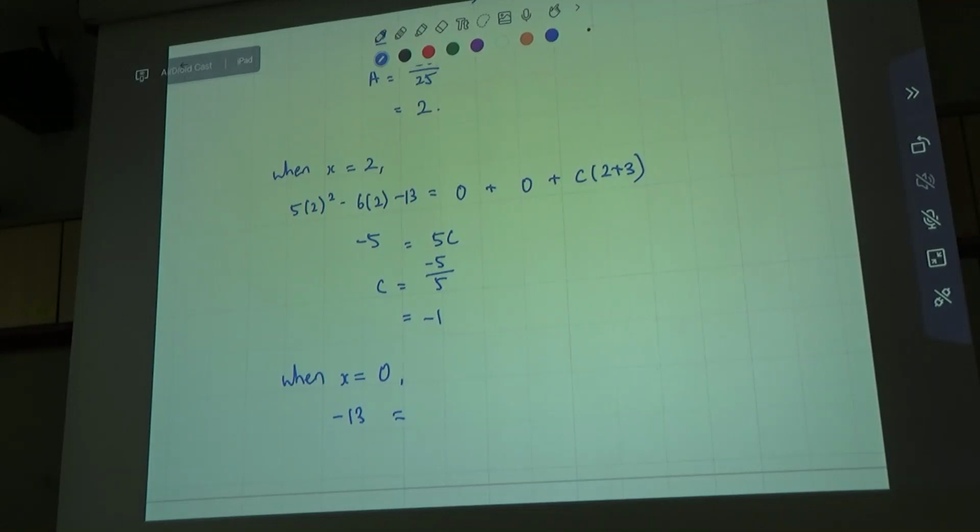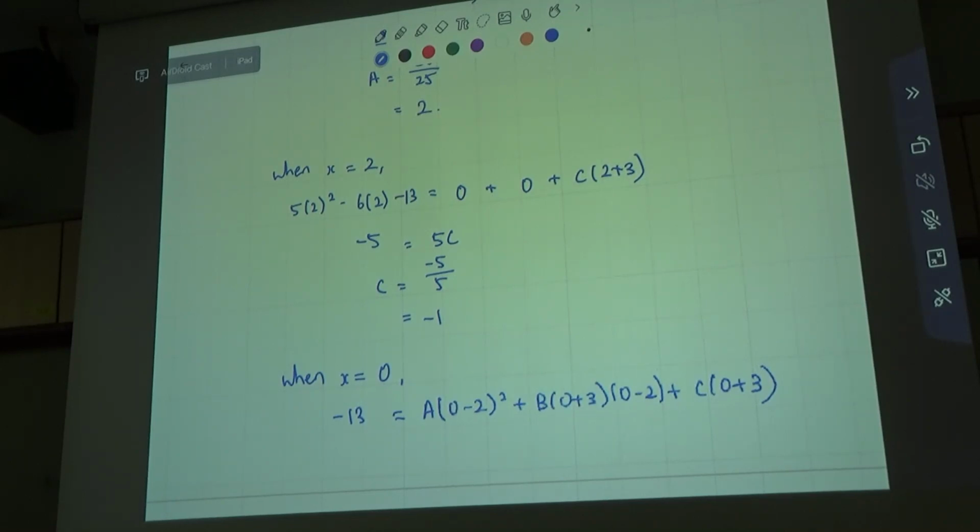On the right hand side, sorry, it's not visible on the screen here. But then on the right hand side, I will be having A times 0 minus 2 squared plus B times 0 plus 3, 0 minus 2 plus C times 0 plus 3. So now, have I found A already?